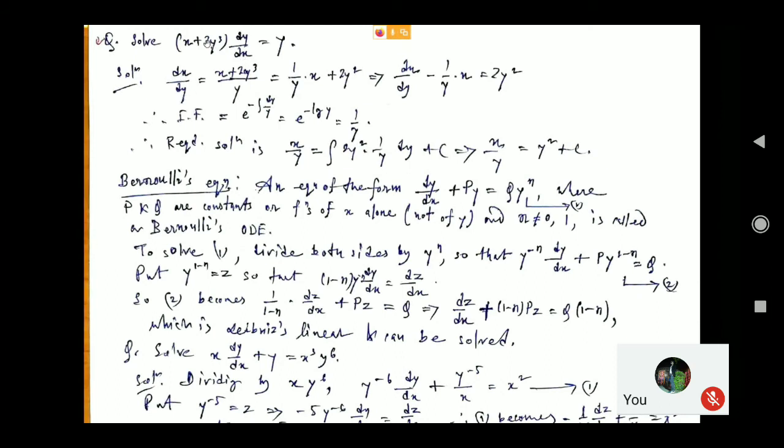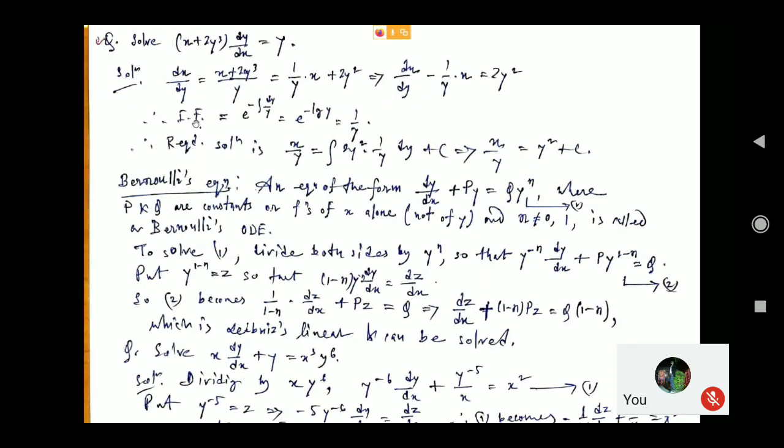So instead of writing dy/dx, if we write dx/dy, then you see dx/dy equals px plus q. So it is in that Leibniz linear form, dx/dy equal to px plus q. Here p and q both are functions of y alone. In this case, we are treating x as the dependent variable and y as the independent variable.